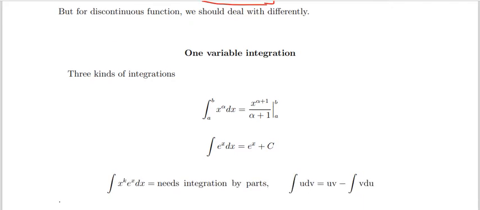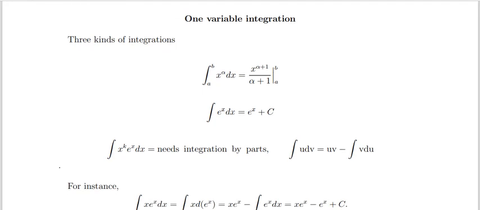And the exponential e to the x dx equals e to the x. And there is a combination of a power function with an exponential, x to the k times e to the x. For such integration, we need integration by parts. We need this formula.